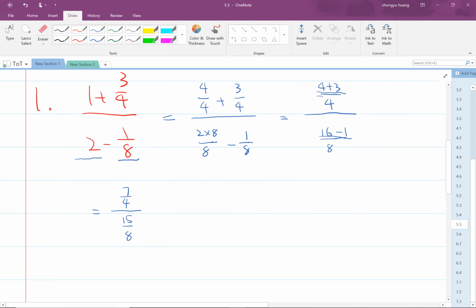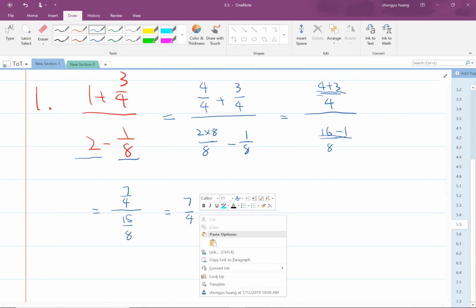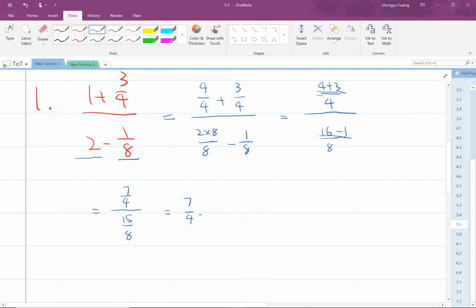So now we have finished all the addition and subtraction. Now we are ready to do more simplification.